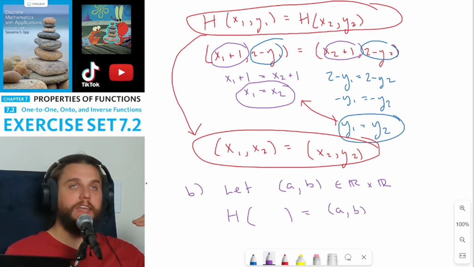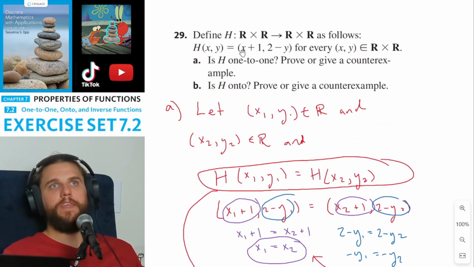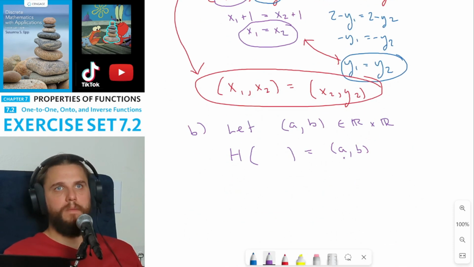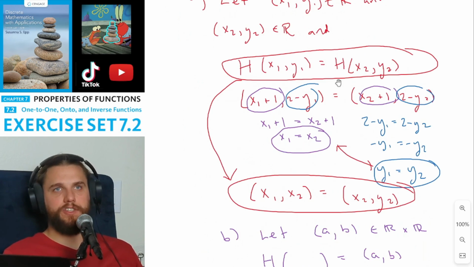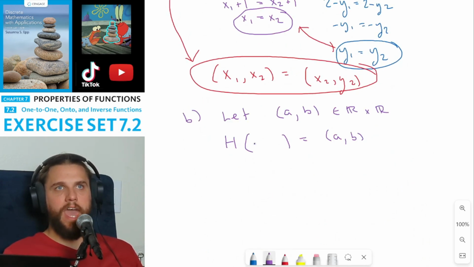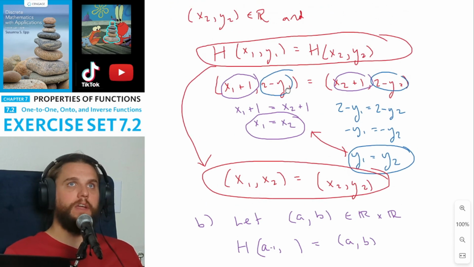But we just need to find any input from our domain that can map to (a, b). Now, the output of this function is (x plus 1, 2 minus y), but we want a and b. If we want an a in the first position, then it would help to plug in a minus 1, since a minus 1 plus 1 is just a. So a minus 1 is going to be our input.